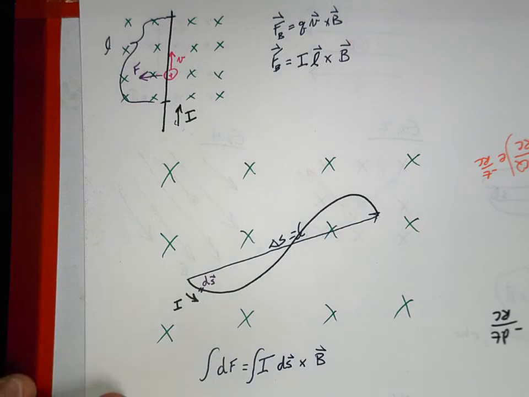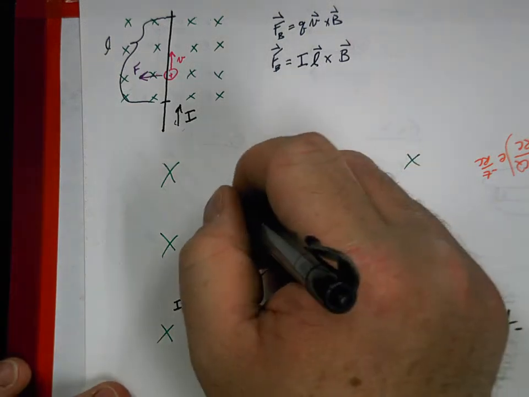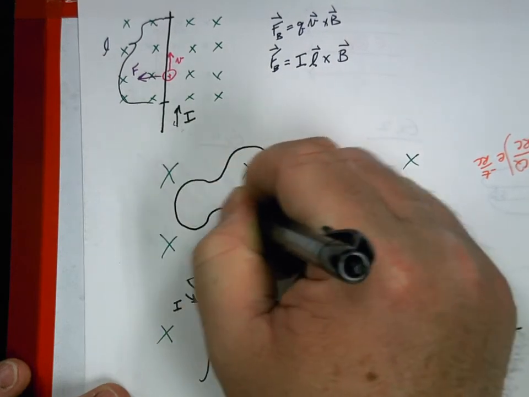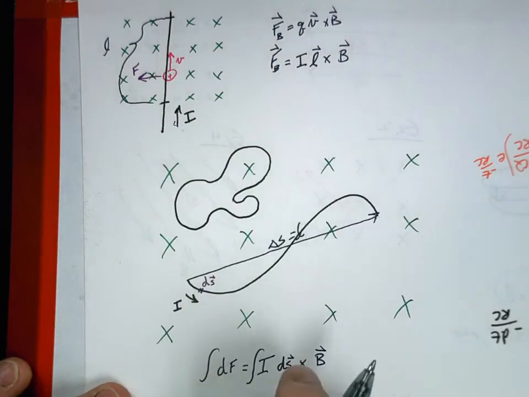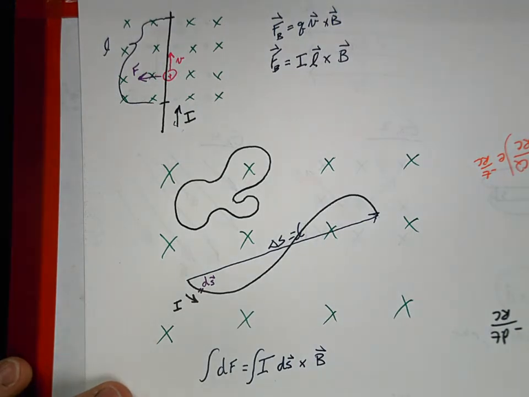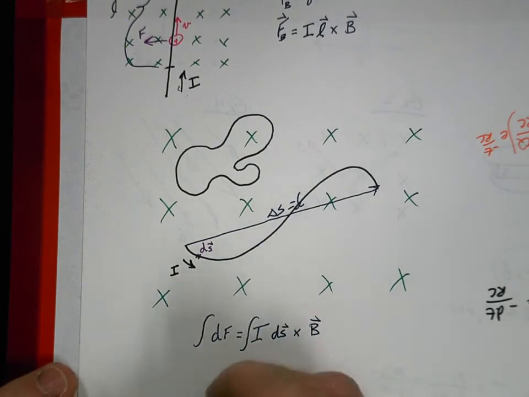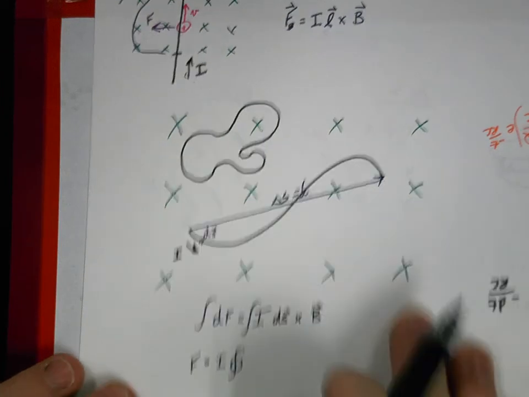Well, think about this one then. We have a new wire, and this is a closed loop. How are we going to write our integral if this happens? Our force is equal to I times the integral around a loop, where before we've seen this over the surface of something.